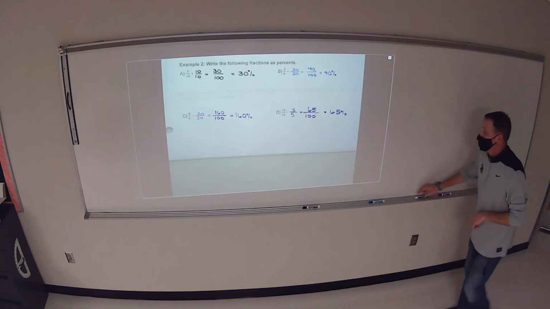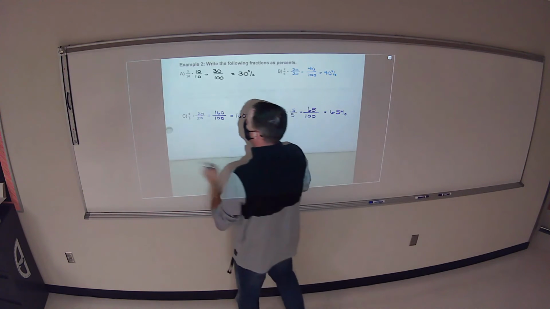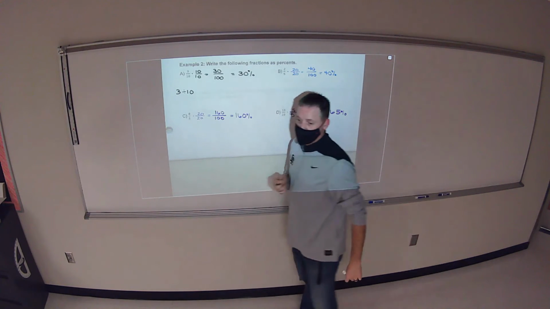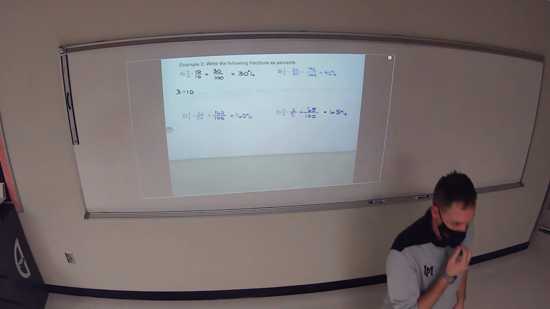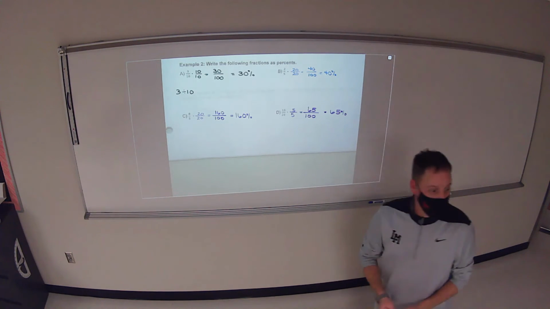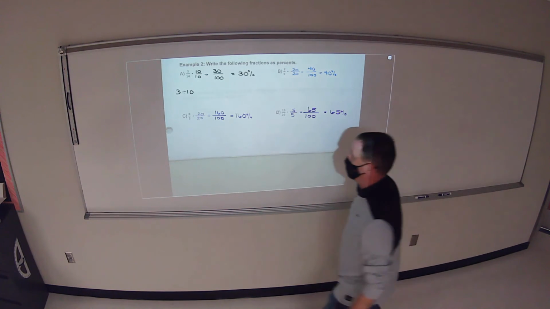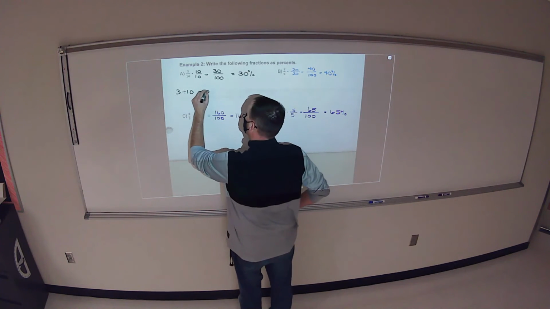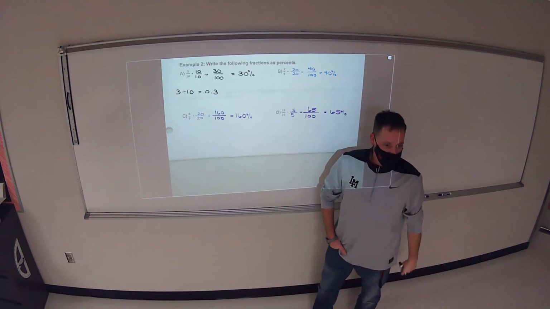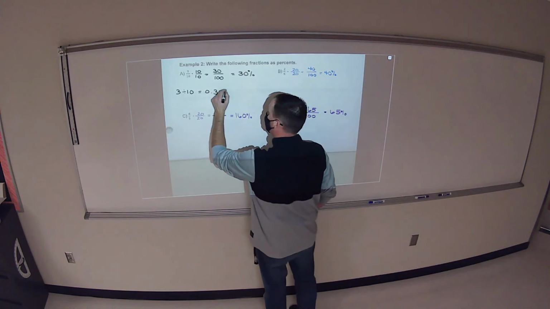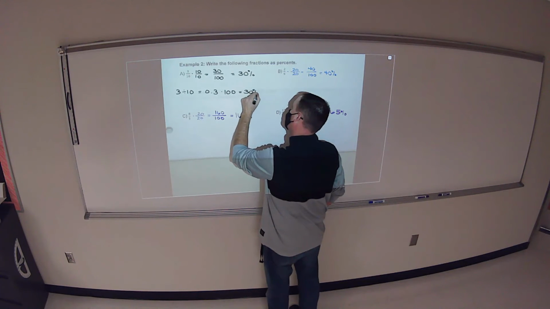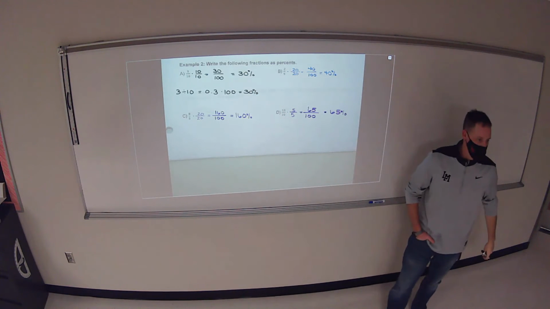So, here's what I want you to do. Type into your calculator 3 divided by 10. 3 divided by 10 is what? 0.3. Now, multiply that by 100. 30%.